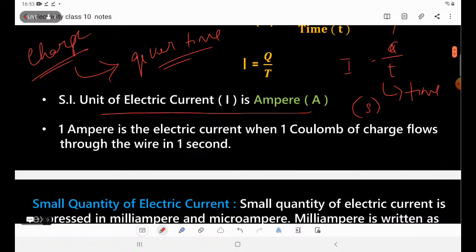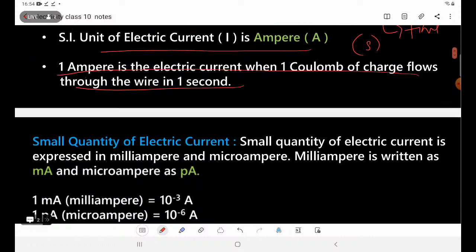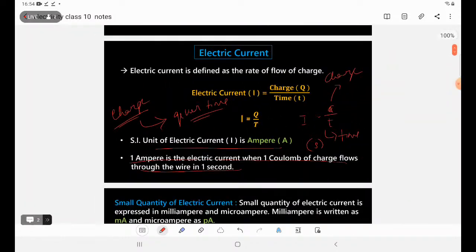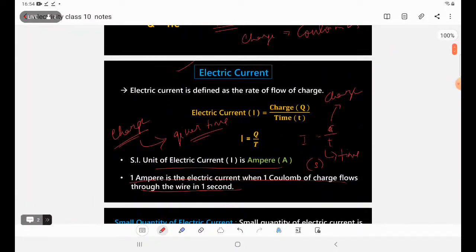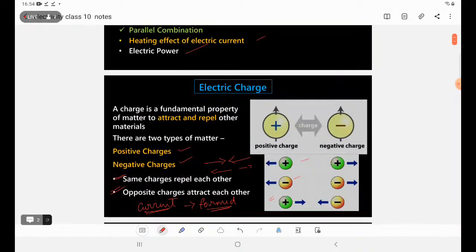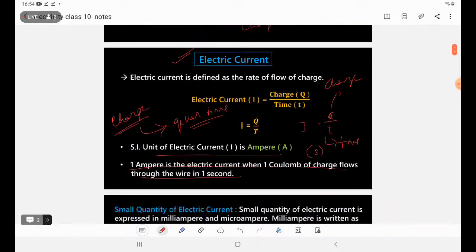If they ask to define 1 ampere, you have to write this sentence: 1 ampere is the electric current when 1 coulomb of charge flows through a wire in 1 second. So we have completed our electric current topic and electric charge.